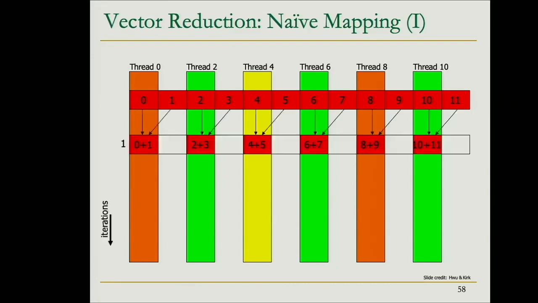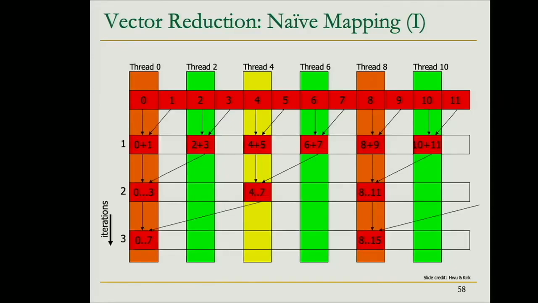The problem here is that as we make progress over the iterations, the number of threads gets reduced, which makes sense, obviously, because I don't have so many elements to add in each iteration. But observe that these threads are, iteration after iteration, farther away from each other.